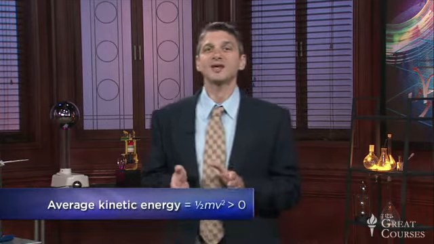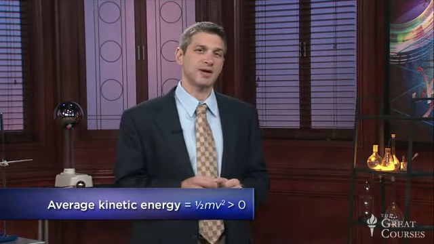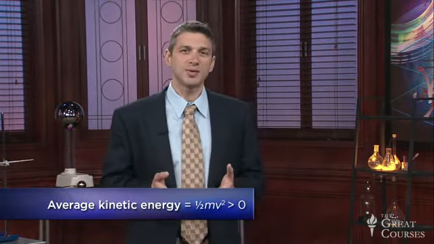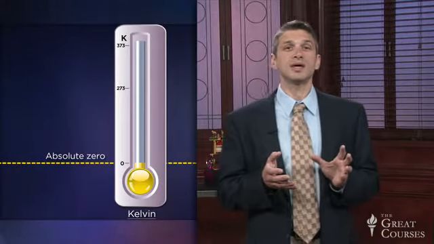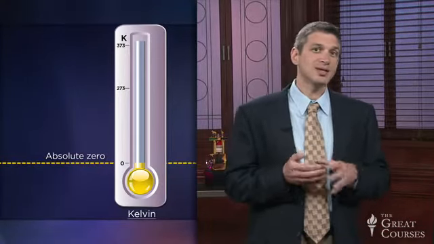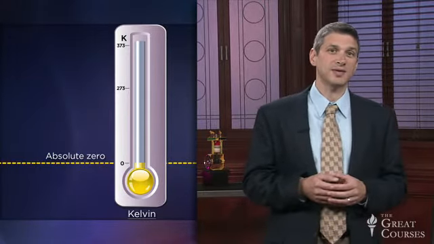We know that the square of velocity can never be negative. And since the mass cannot be negative either, the kinetic energy is always a positive value. So 0 is the lower bound on temperature, and it's the critical reference point in the Kelvin temperature scale, often referred to as absolute 0, since there's no possibility for negative values.